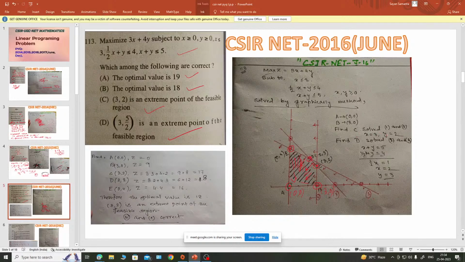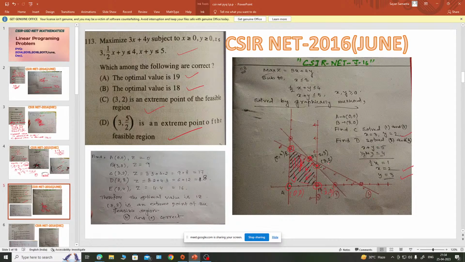First we find C: solving 1 and 3, we get x equals 3 and y equals 2. So C is (3, 2). Now next find D: solving 2 and 3, we get x equals 2 and y equals 3.